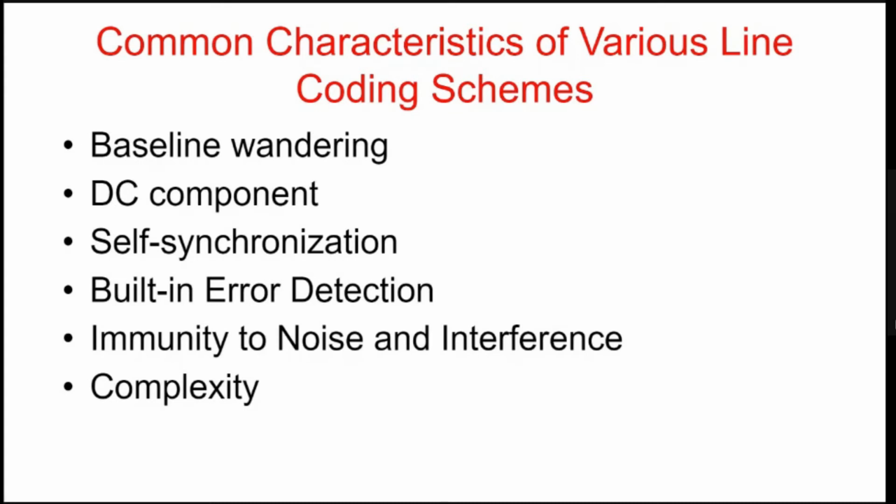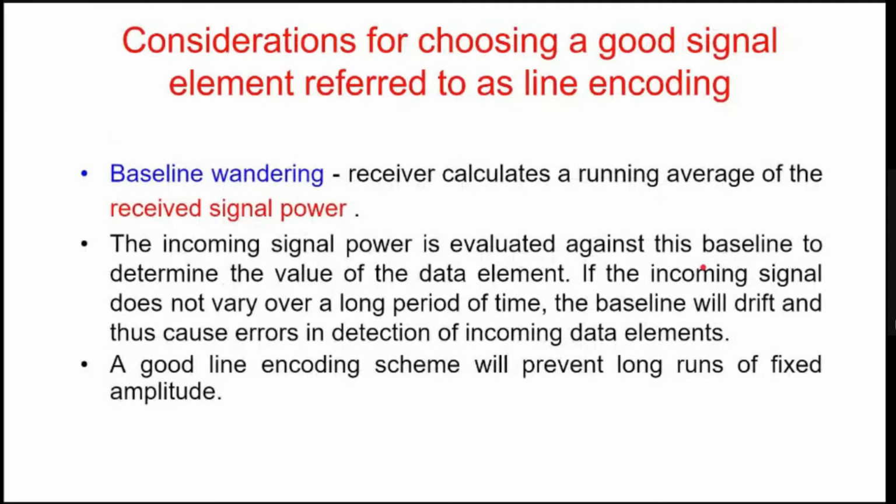The first one we will see one by one: the baseline. Considerations for choosing a good signal element are referred to as line encoding, because a good signal element is based on the line encoding only.